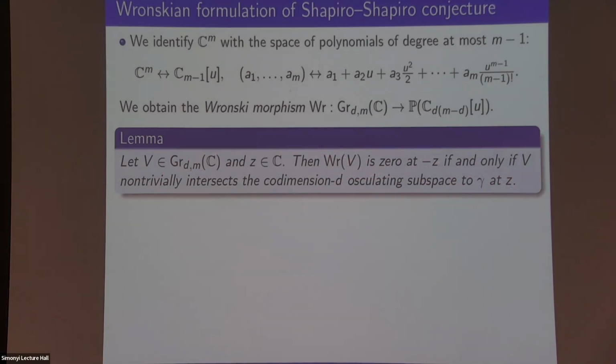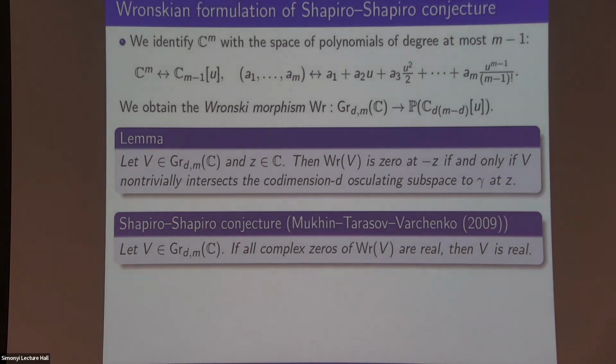So in other words, specifying the zeros of the Wronskian and then solving for V is equivalent to solving the Schubert problem for osculating subspaces. Or if we want to restate the Shapiro conjecture, it says that if I have a point of the complex Grassmannian and all complex zeros of the Wronskian are real, then V itself is real. So it has a basis of real polynomials.